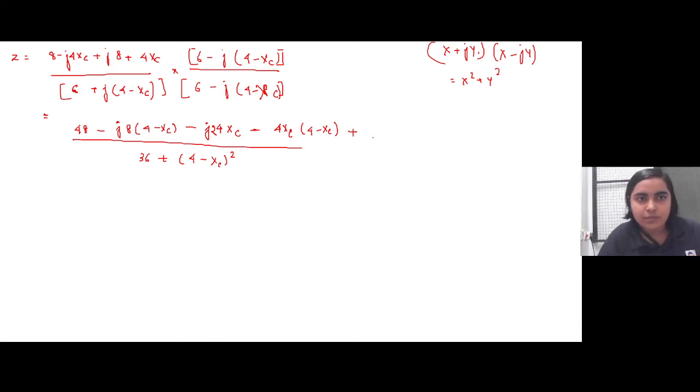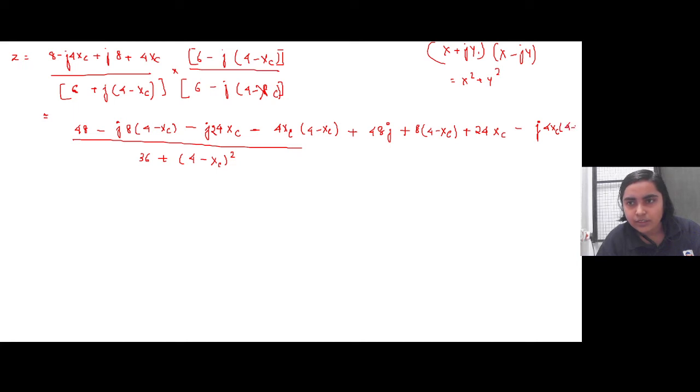Now the j terms: 48j, this will be plus because there are two j's, so 8 into 4 minus xc, and the last is 24xc minus j into 4xc times 4 minus xc.